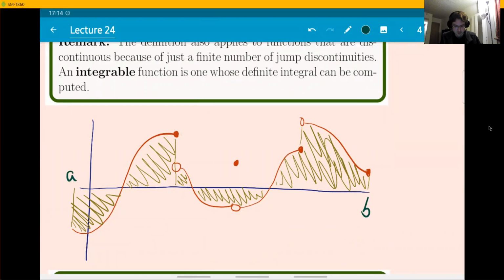For example, looking into this range here, you have a sudden drop from this point to this point. The area along that range would be the area of this piece here, right? So it's just showing you that even though you have jumps, you have discontinuity in the function like that, you can still talk about the area between the curve and the x-axis. So the definite integral is still well defined for this function.